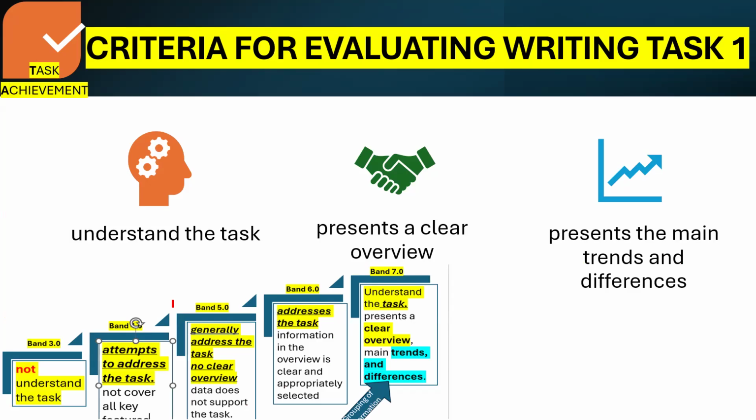We shouldn't focus mainly on the numbers or figures, because it can lead to more confusion if you check the numbers in detail. Just identify the same trends or same pattern. That's how we easily identify the overview for writing task 1.